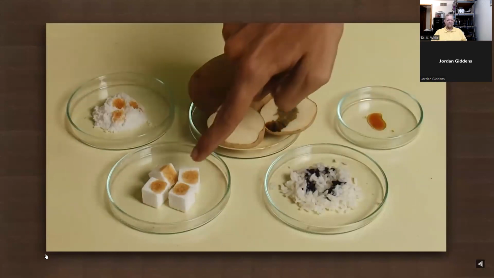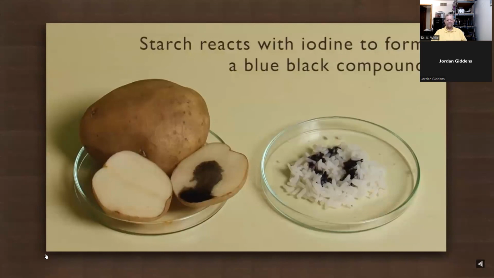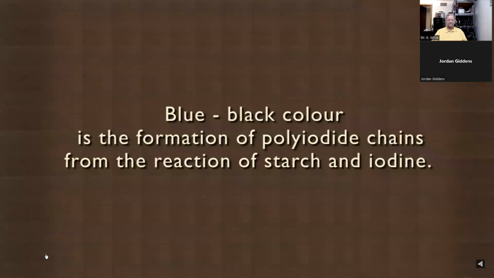Salt too does not change its color. This proves that sugar and salt do not contain starch, while the starch in rice and potato reacts with iodine to form a blue-black compound. Now, the blue-black color is basically the formation of polyiodide chains from the reaction of starch and iodine.